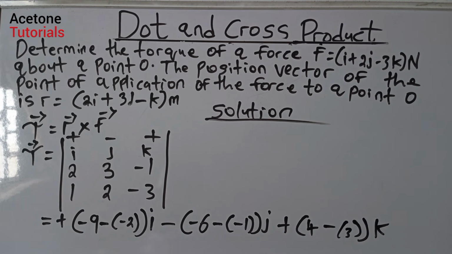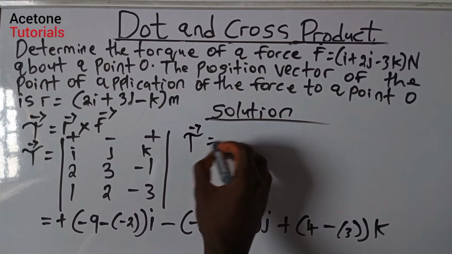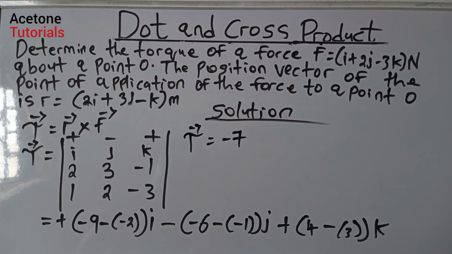So let us evaluate it. Minus 9 minus the bracket minus 2 is minus 9 plus 2. And that is minus 7. Minus 6 minus the bracket minus 1 is minus 6 plus 1. And that is minus 5. But there is minus in front, so minus in the bracket minus 5 is plus 5.